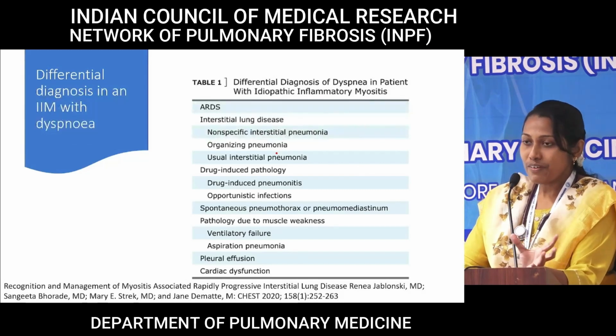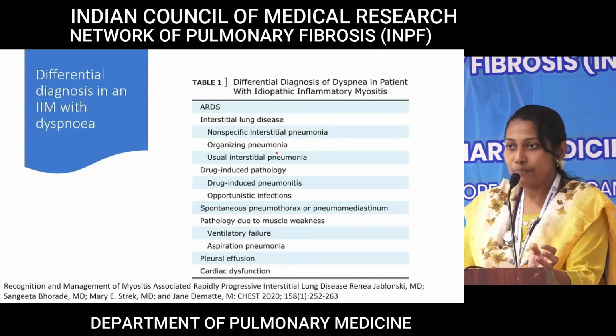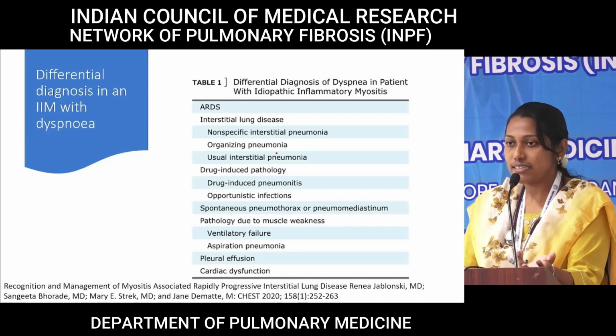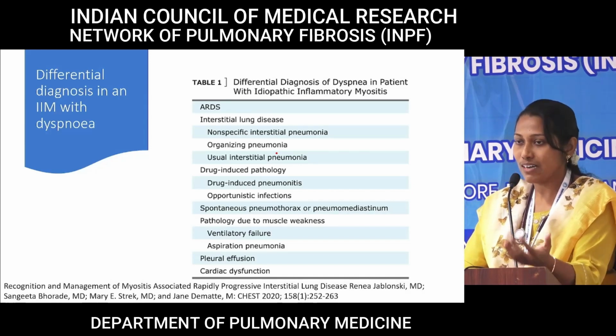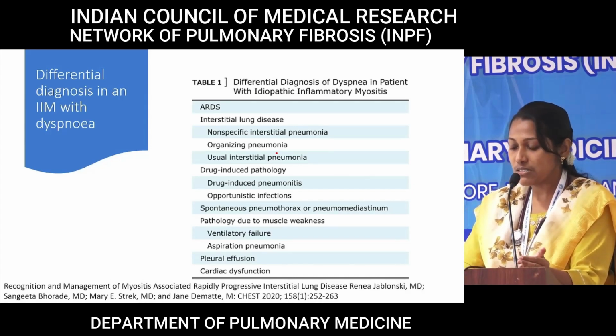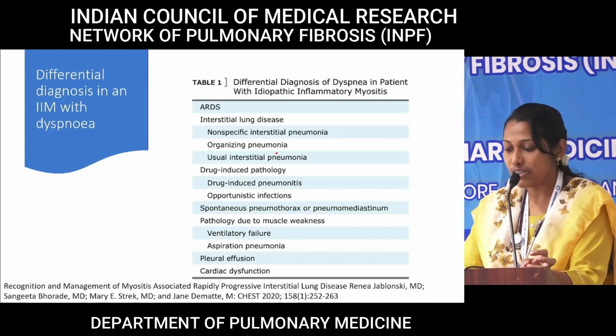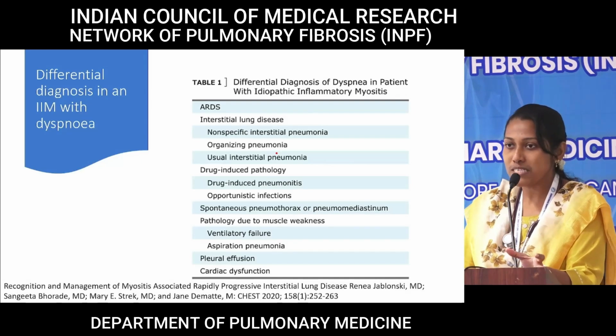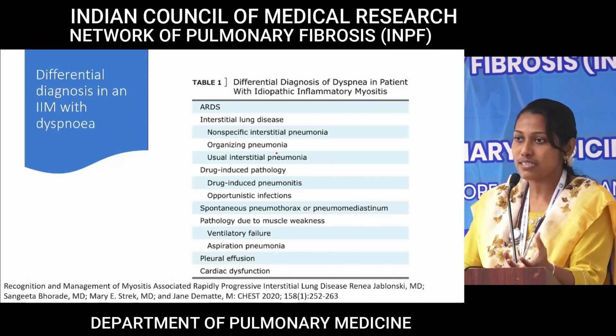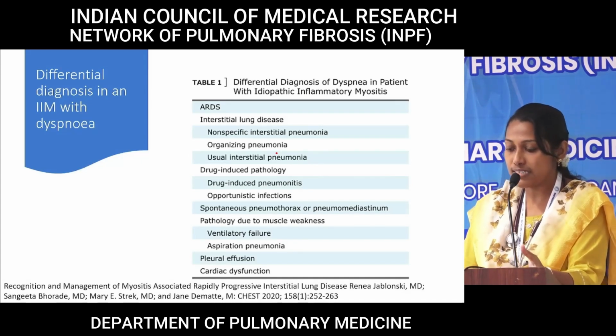Whenever a patient comes very breathless, many other conditions can also be thought of. It is not always RP-ILD. It may be ARDS, drug-induced pneumonitis, or opportunistic infections, and many of these myositis patients can present with spontaneous pneumothorax and pneumomediastinum also. We have had cases like that.